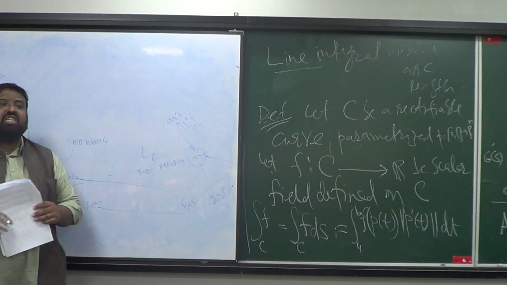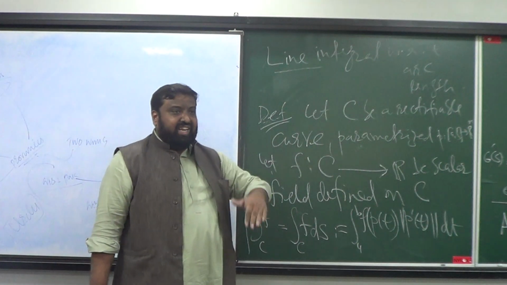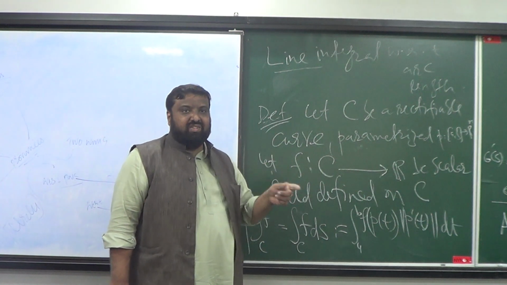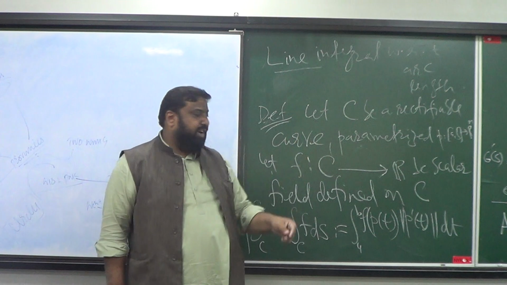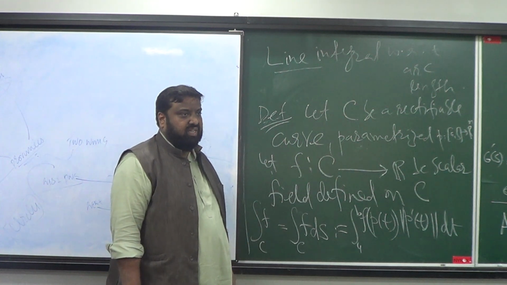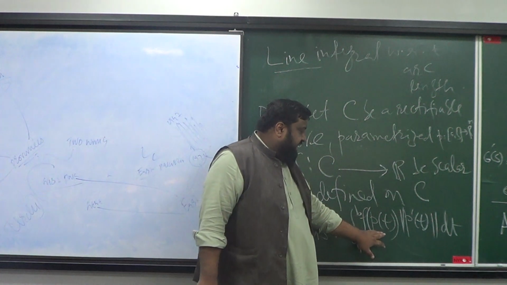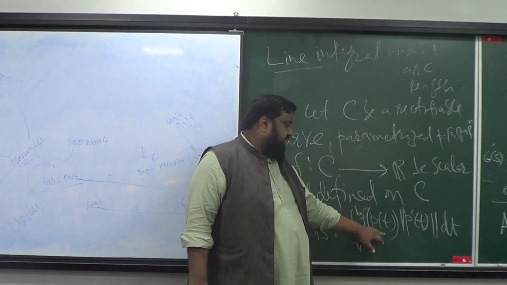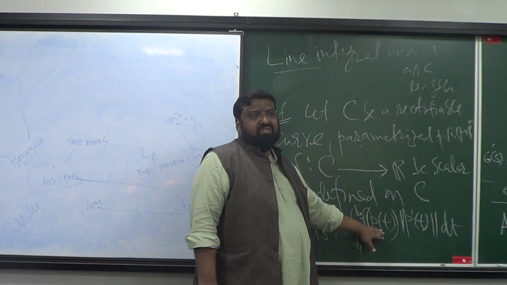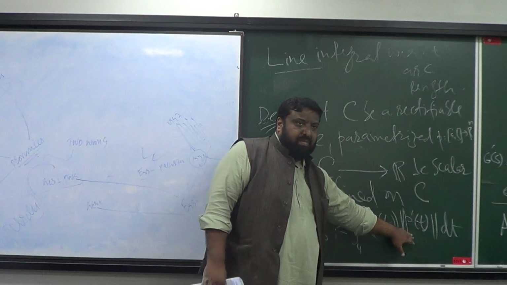This is going to be the area under a curve in the space that is defined through F. Take the points into the space, so f of p of t is like that. So take the curve into the space and multiply with the speed.